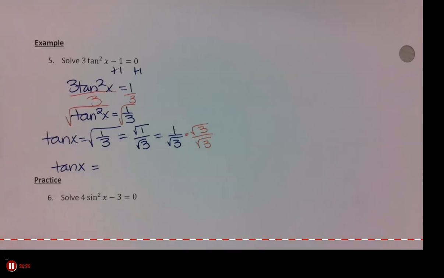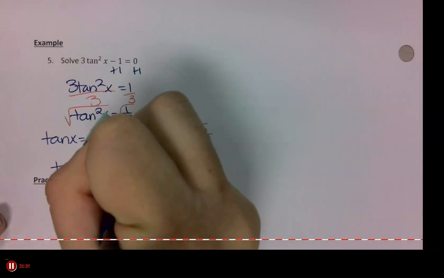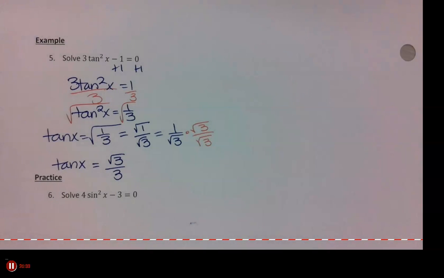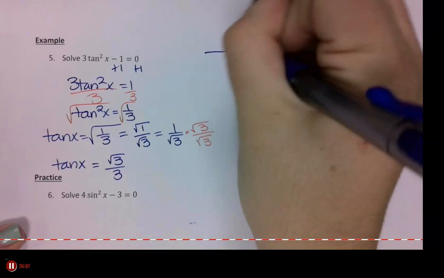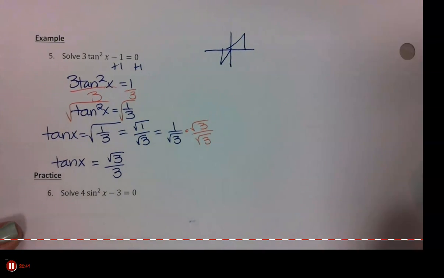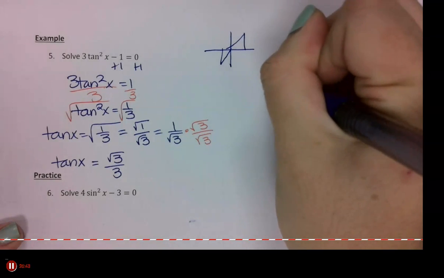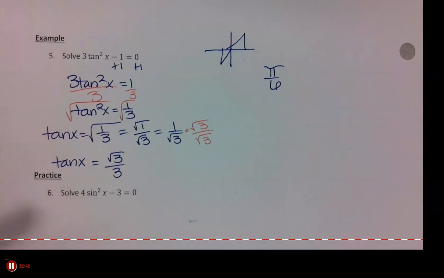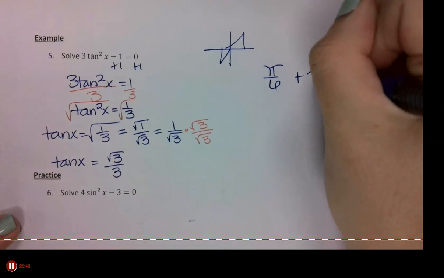Okay, so what do I get for my answer? So where does this happen for tangent? I heard two different things. I heard the quadrants, and then pi over 6. Because tangent repeats every pi, I only have to do plus pi n.